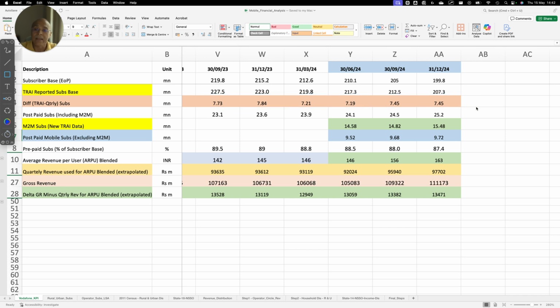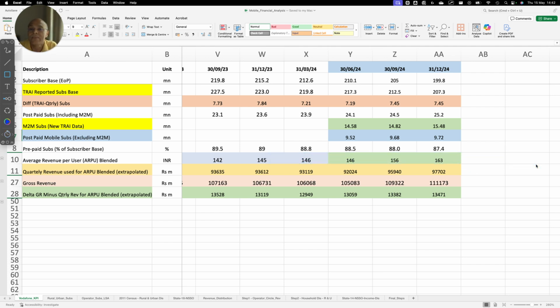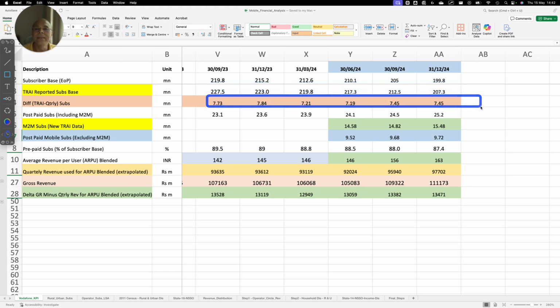That is why I believe that Vodafone Idea's reporting to TRAI and to their investors has stayed consistent. They are not manipulating the ARPU number. That's what I believe as regards Vodafone Idea. By looking at this, it's very simple. You can see this number is the investor number, this is the TRAI number, and the delta is remaining the same.